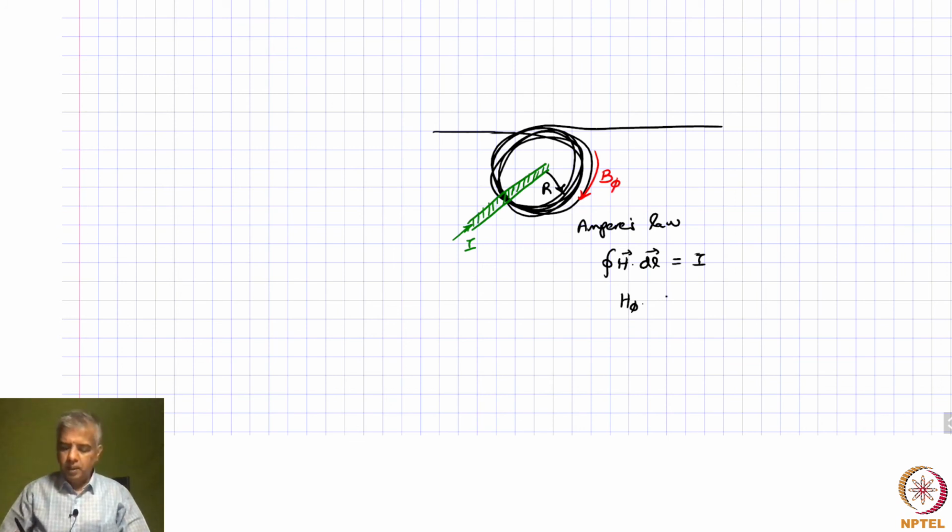So H phi is going to be given by I over 2 pi r, because that line integral gives you the 2 pi r term.